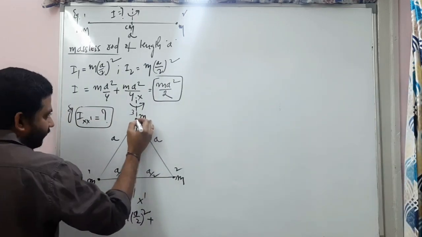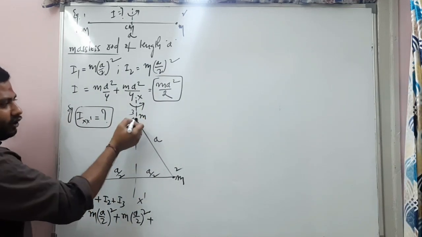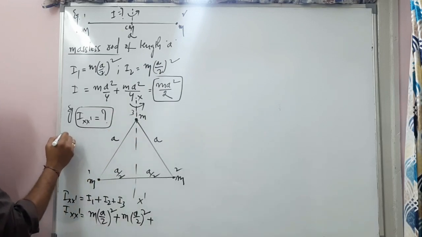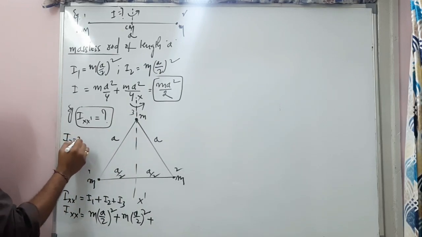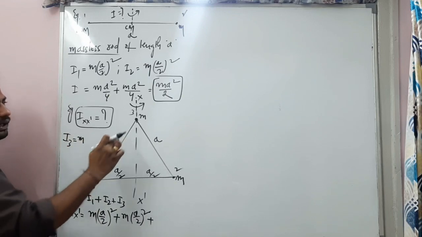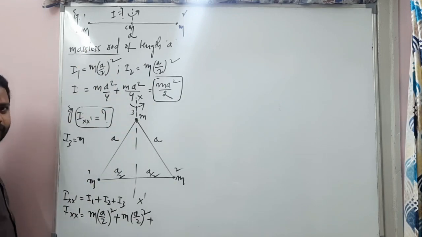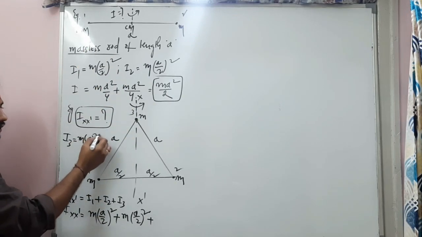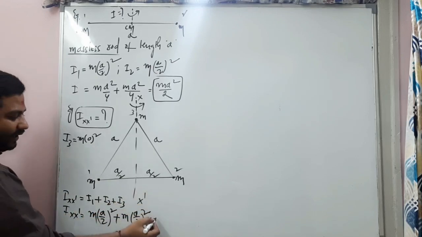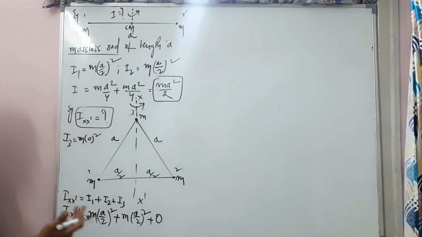The mass is m, but what is the perpendicular distance of this mass from the axis of rotation? 0. So I3 will be 0.